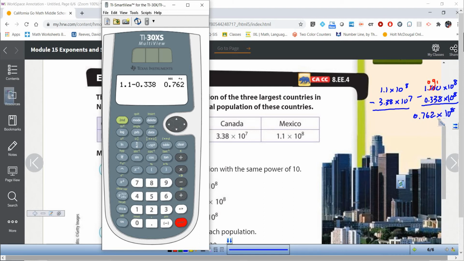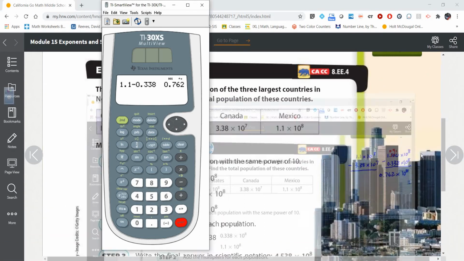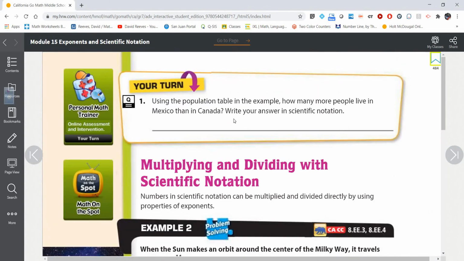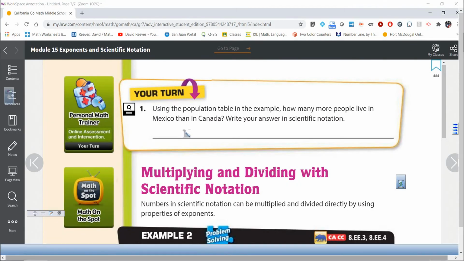Now, that answer is not in scientific notation, and I believe the question actually asked us to write our answer in scientific notation. So we had 0.762 times 10 to the 8th power, right? That would be incorrect because this number is not between 1 and 9.